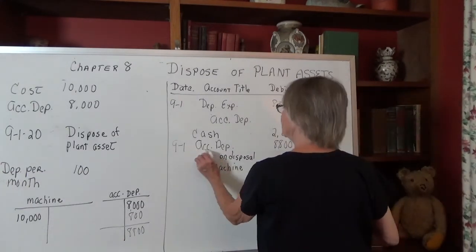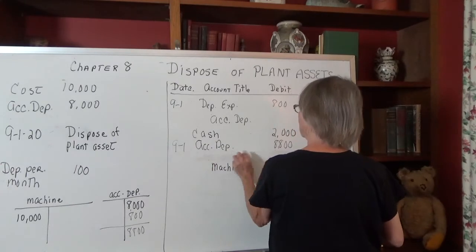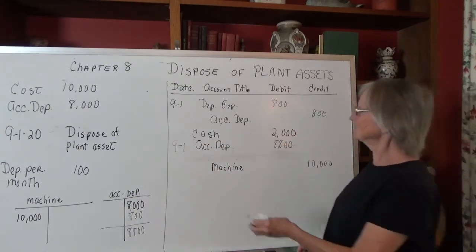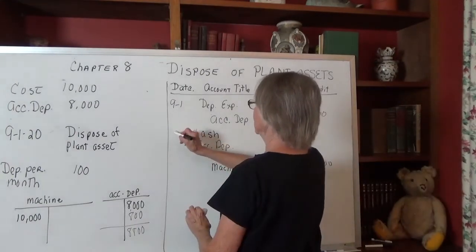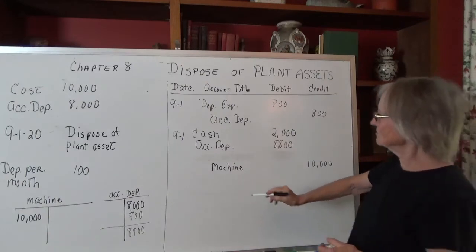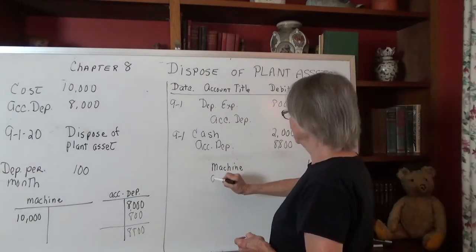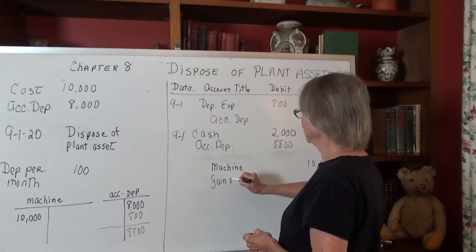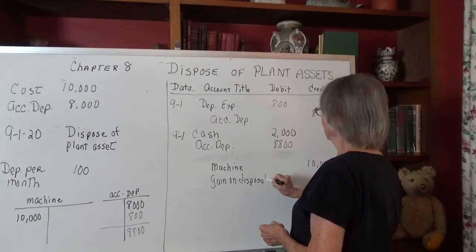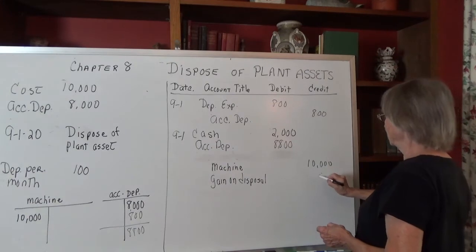In this case, we end up with a gain on the sale of the machine, or gain on the disposal, and that would be the 800.